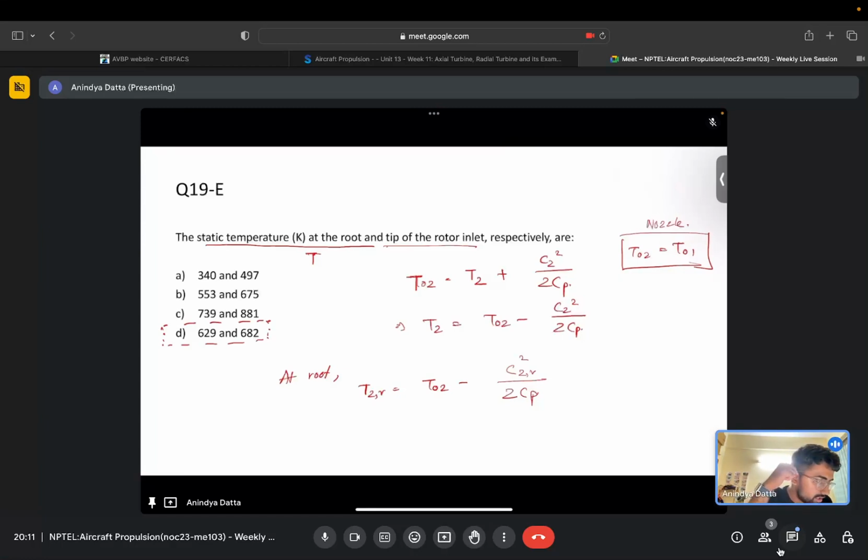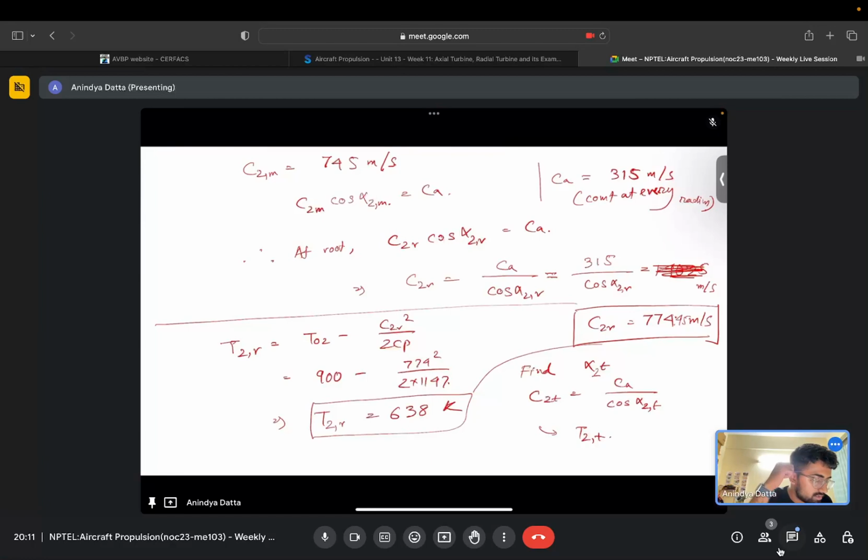So first we find what C2 will be at that radial position, knowing the angle at that position and the axial velocity, which is constant across the radius. Once we know the absolute velocity at a particular radius, we can find the temperature at that radius.